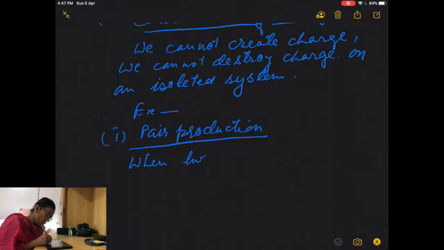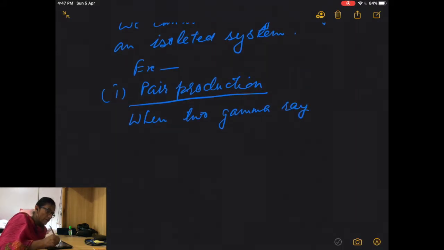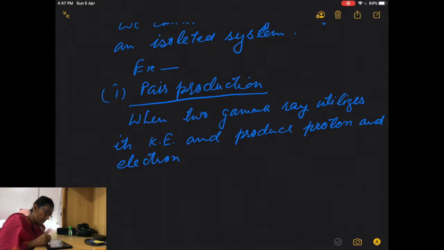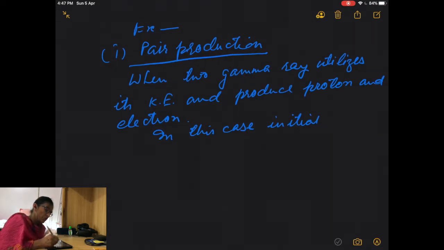Let me write it. When two gamma rays utilize their kinetic energy and produce a proton and electron, in this case the initial charge on the system is equal to 0.